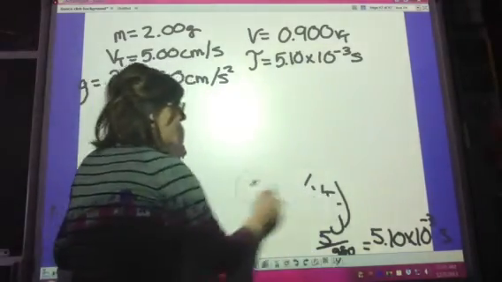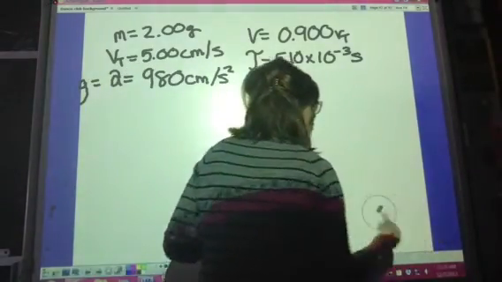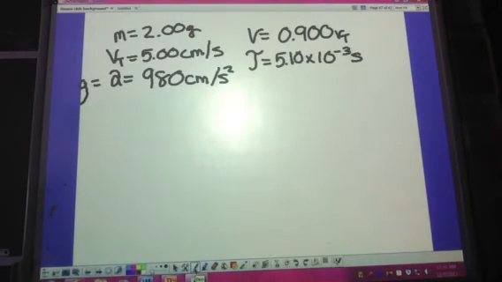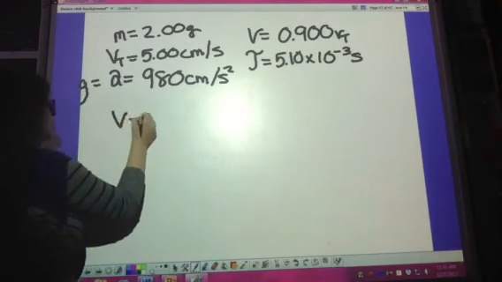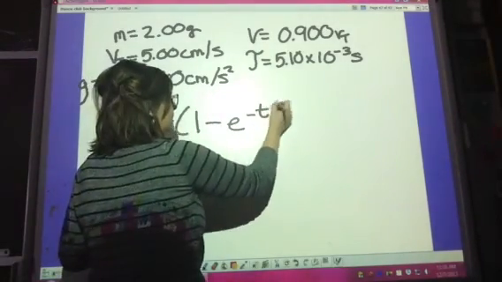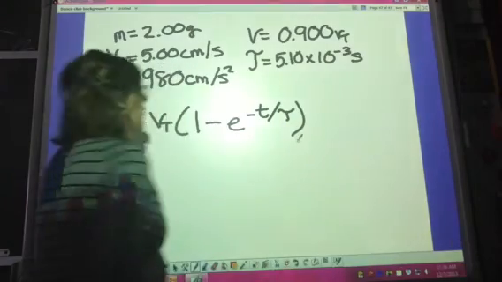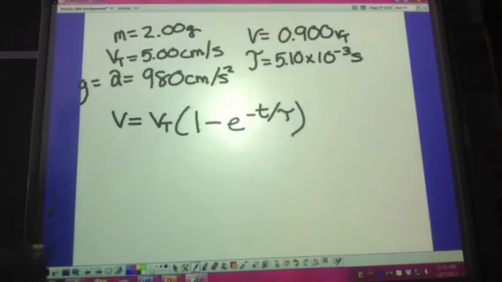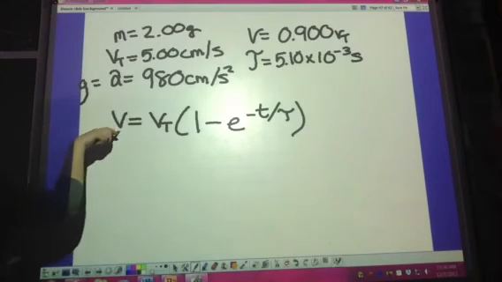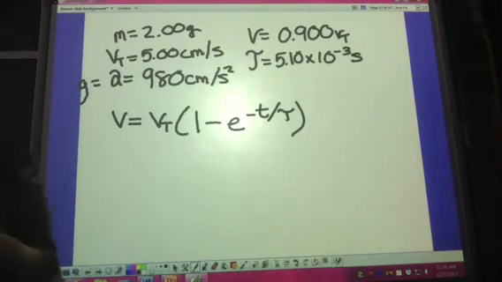And I know that time, tau, and terminal velocity are all related by this equation: V equals Vt times 1 minus e to the negative t over tau. I know that V is 90% of that terminal speed.